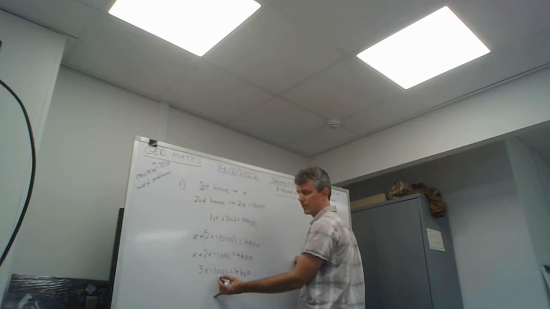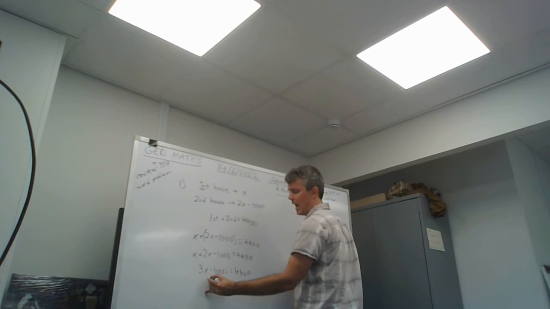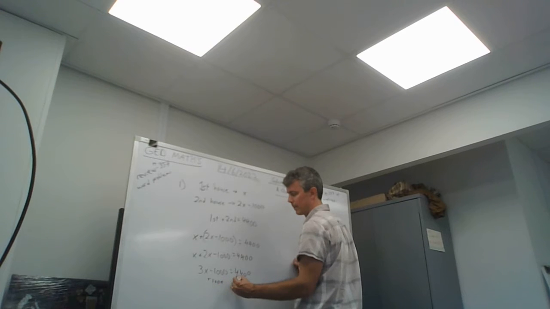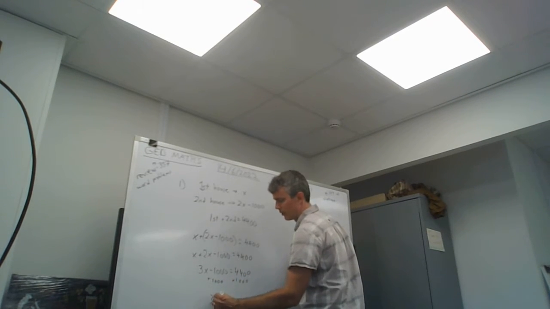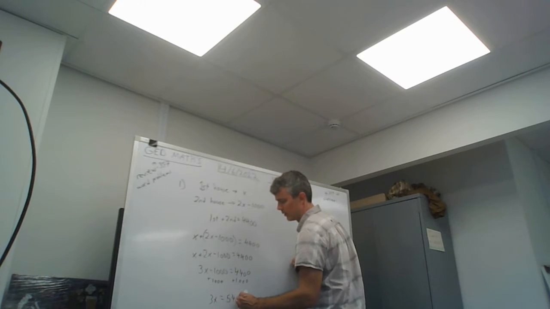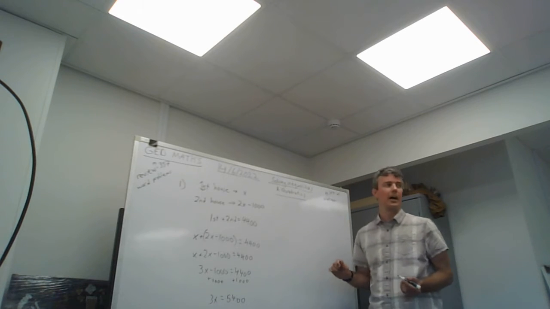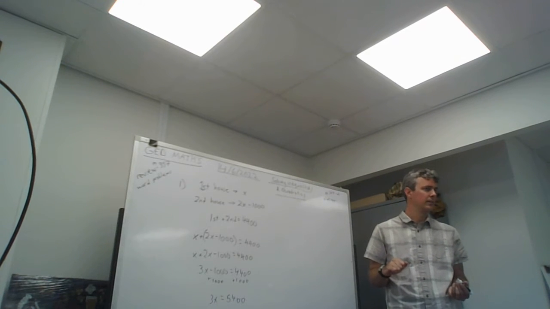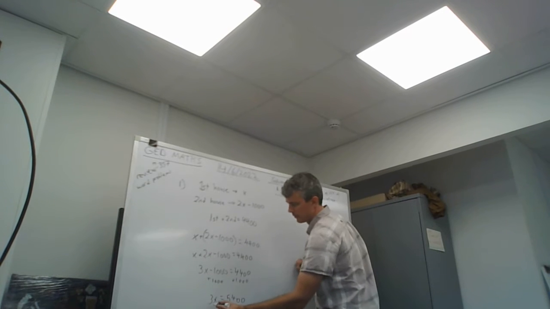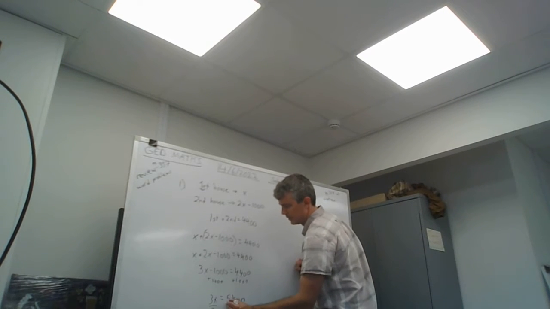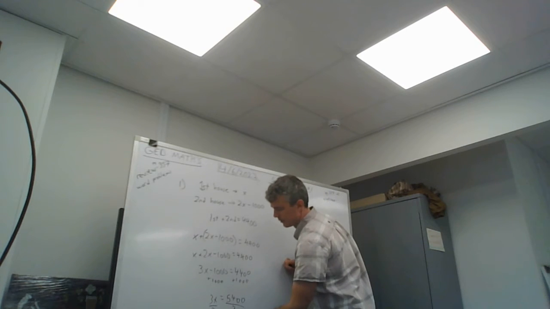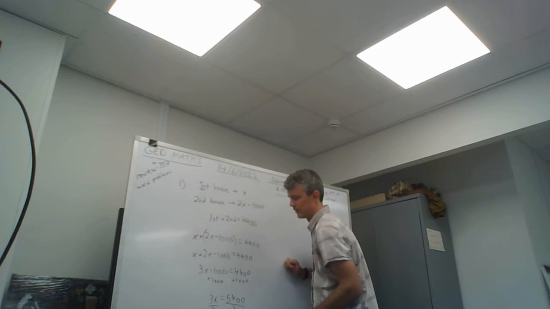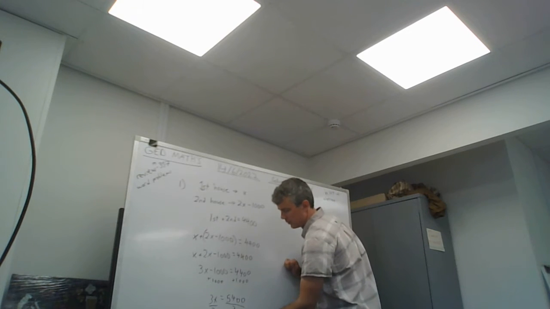Then we need to get rid of this 1,000, so we add it to each side. So therefore 3x equals, as you said, 5,400. Now how do we get x by itself? Divide by 3, that's right. So we're using what you learned earlier for these problems. x equals 1,800.